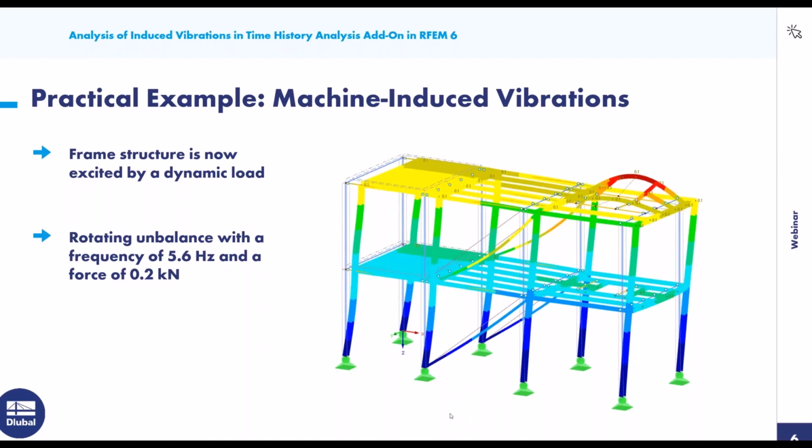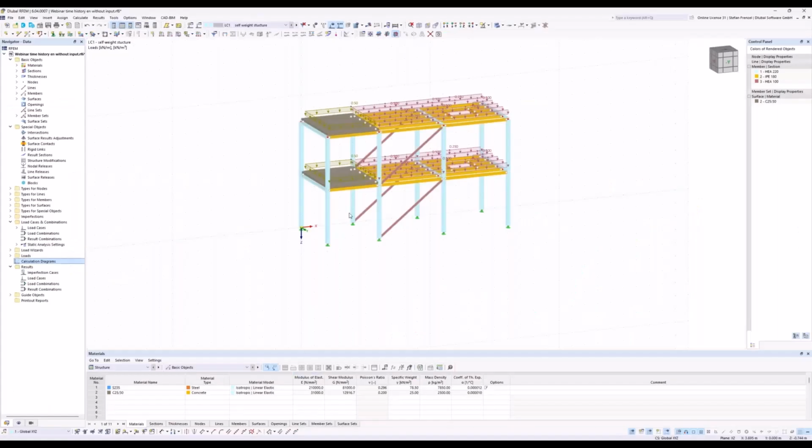Therefore, I want to switch to RFEM 6 now. And here in RFEM 6, of course, I opened the structure already. So you can also find, or my colleague Andreas will send you, I think, a link with the structure after the webinar, where you can have a look at what we do here today.